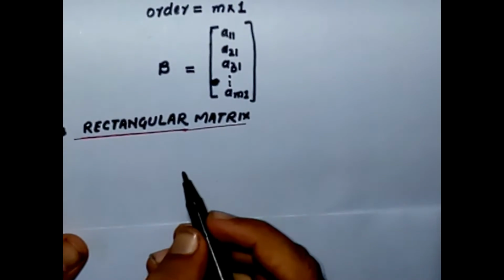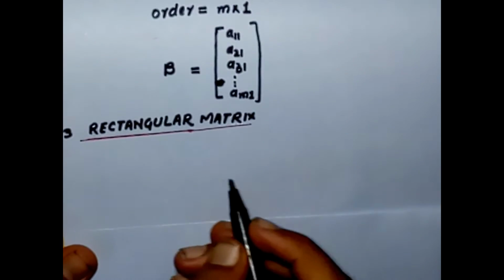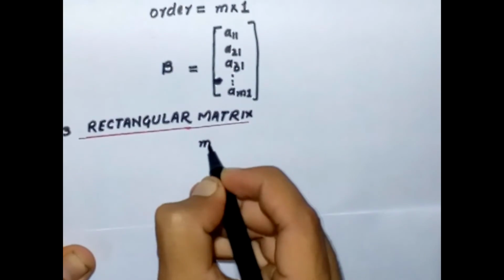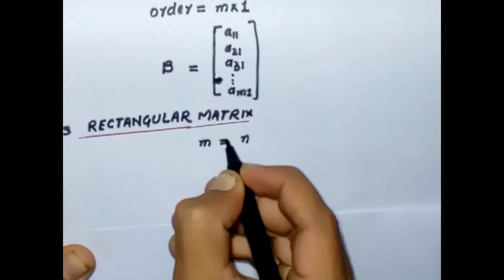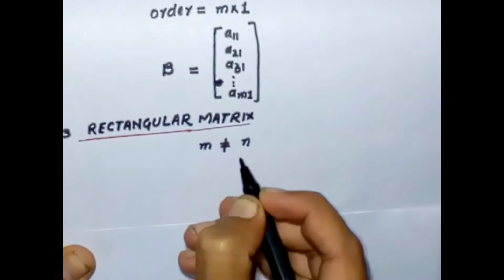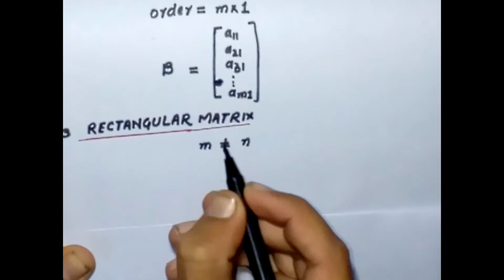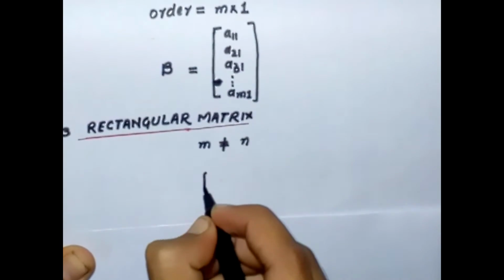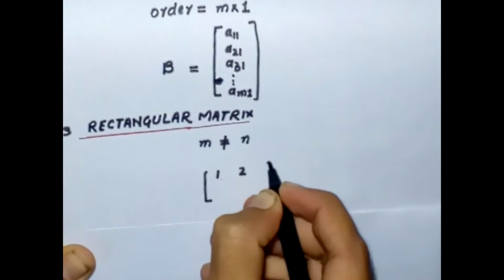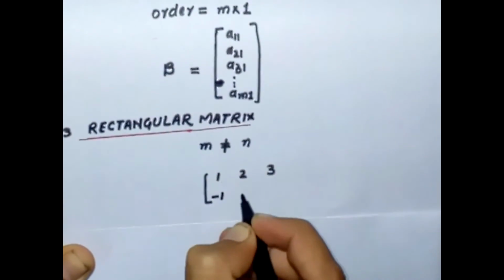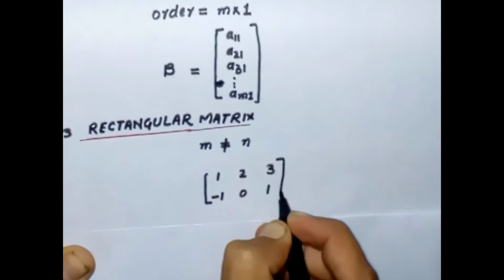Number 3, rectangular matrix. If the number of rows and number of columns are not equal, then the matrix will be a rectangular matrix. For example, the matrix 1, 2, 3, -1, 0, 1.